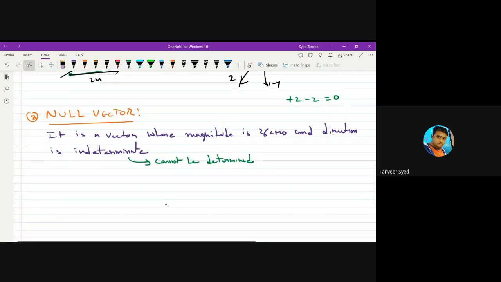Similarly, if I add a vector in this direction, 2 meters, and another vector which is 2 meters but in the opposite direction, then the result of these two things will be a null vector. 0 here, null vector here.